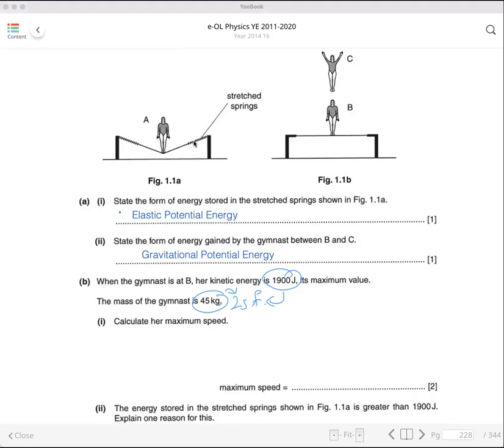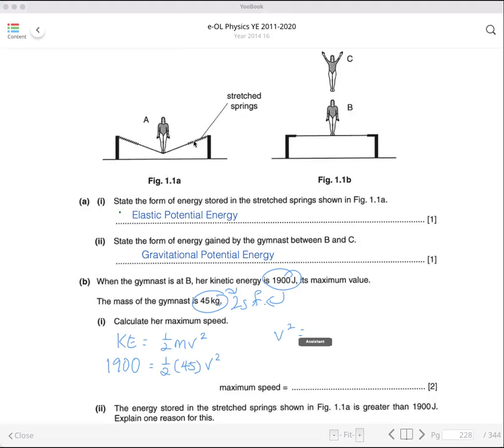Bei Guan, incorrect. KE is equal to half mv squared. Bei Guan, are you familiar with this formula? So you substitute everything inside. The KE is 1900. The mass is 45. You redo the whole question.